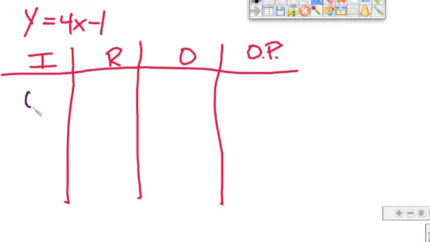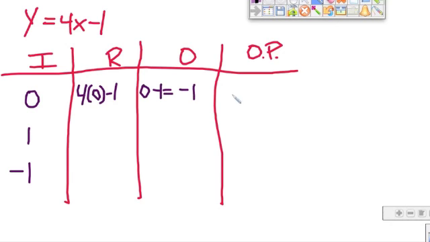I am going to pick 0, 1, and always have at least one negative, so -1. Again, my rule here is 4x minus 1, so I'm going to do 4 times 0 minus 1. Well, I know 4 times 0 is 0, take away 1, which is -1.